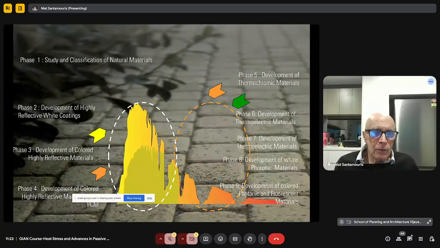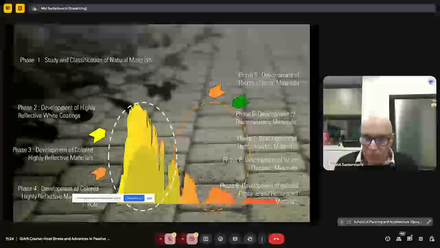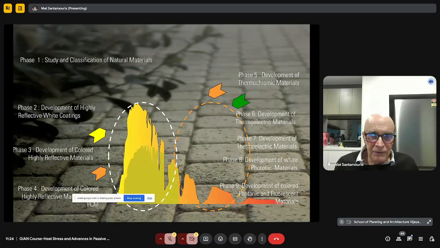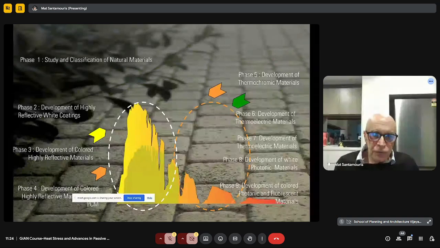Because, for example, when we send something to the moon or another planet, there is no atmosphere. In this case, solar radiation is very high, and we need materials which are not so much affected by solar radiation and so have to reflect solar radiation. So at that time, they developed white materials, paints, and many other materials which present very high reflectance.